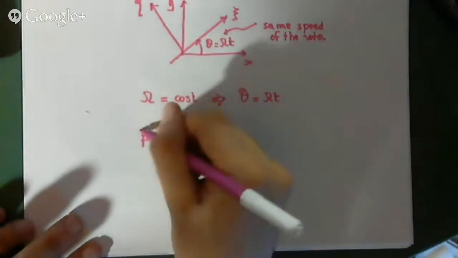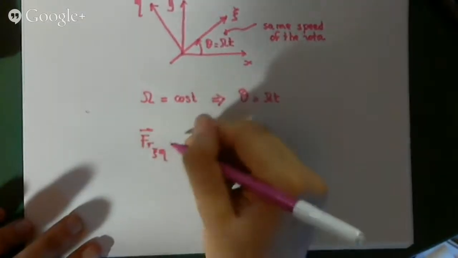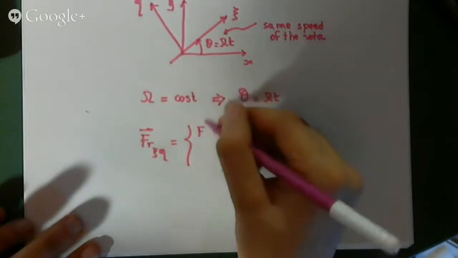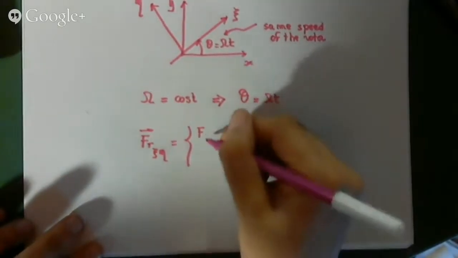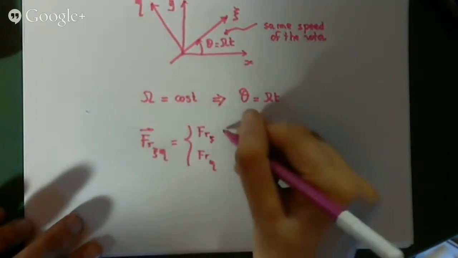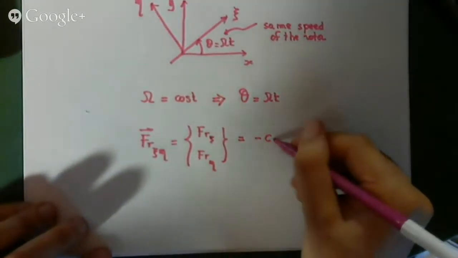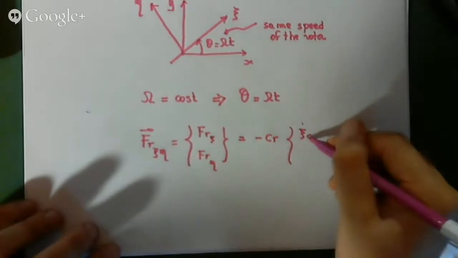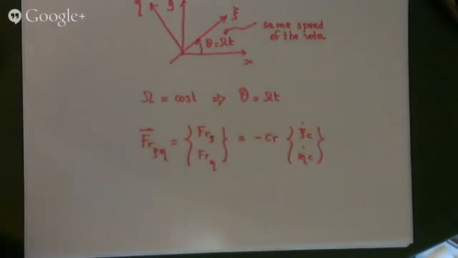That is, F_r in the rotating frame, with components zeta and eta, is proportional, through the coefficient Cr, to the velocity zeta point C, eta point C in the rotating reference frame.